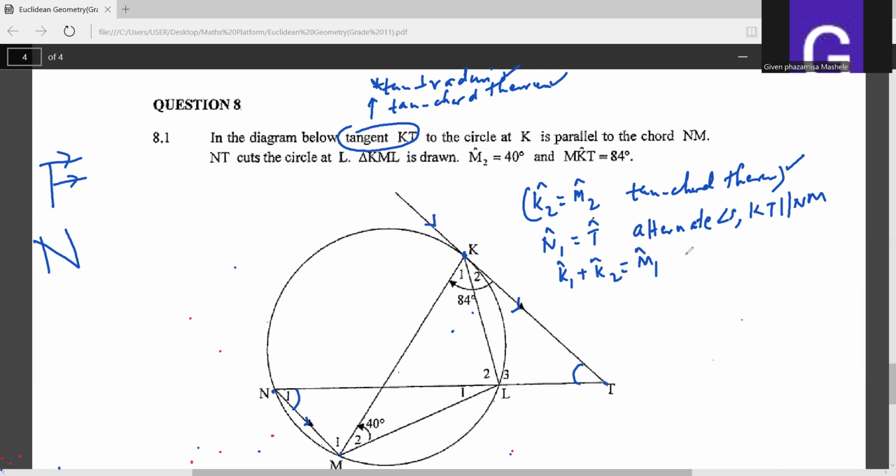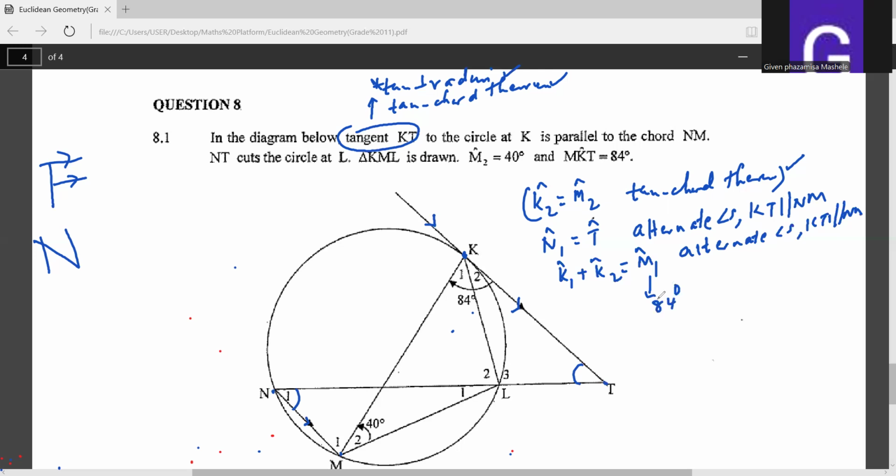Reason is also alternate angles, such that KT is parallel to NM. But since we know K1 plus K2 is 84, it means even this angle is also 84 degrees.